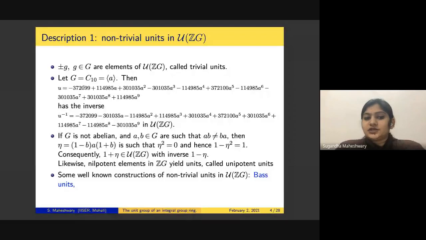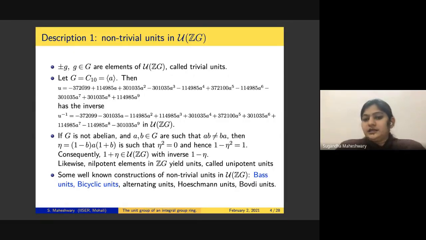Then another construction is of bicyclic units. And over time, it turned out that Bass units and bicyclic units suffice for very good classes of finite groups when you talk about these large subgroups, or subgroups of finite index. Then there are alternating units, Hoechsmann units, which were constructed in order to study the units in integral group rings, mostly for abelian cases.